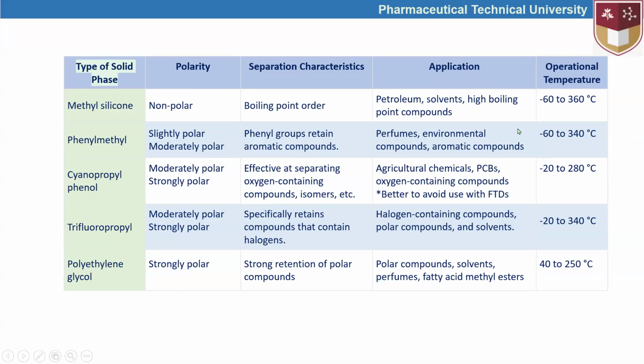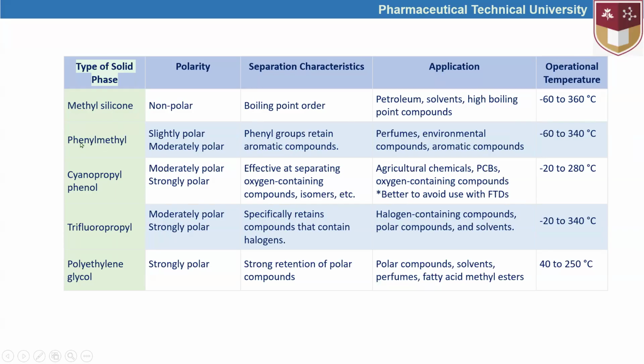The operational temperature of a column provided with methyl silicon ranges from minus 60 to 360 centigrade.